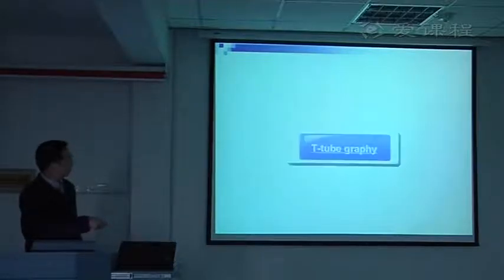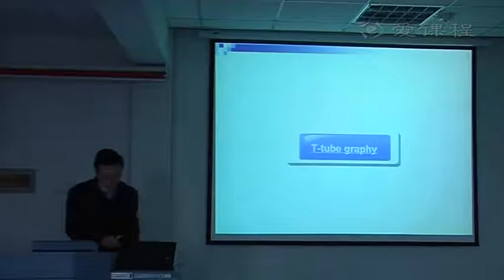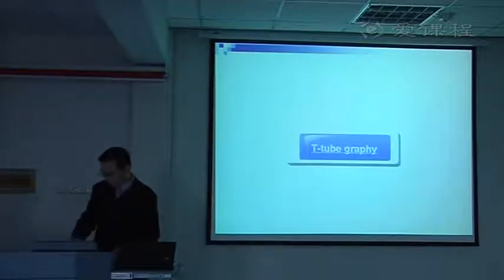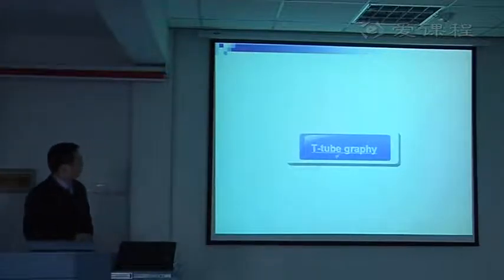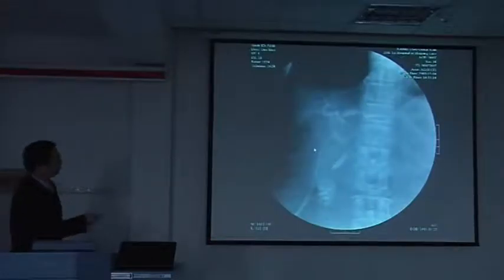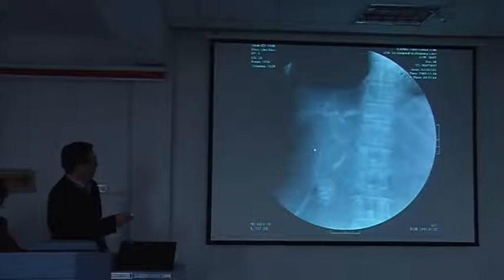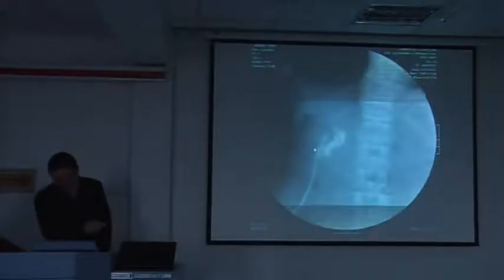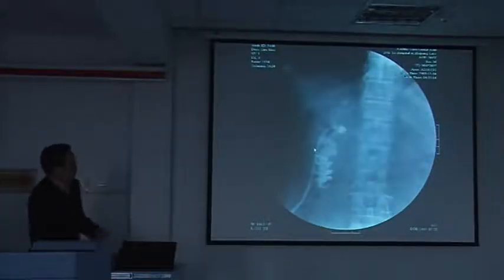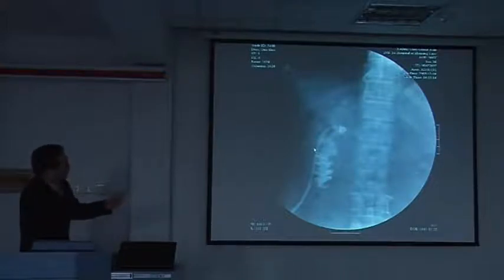This is the T-tube. This is T-tube angiography.